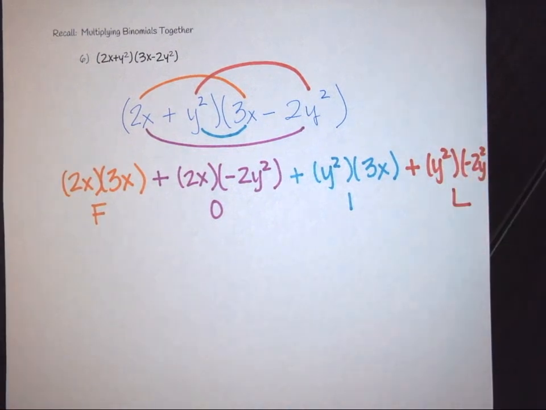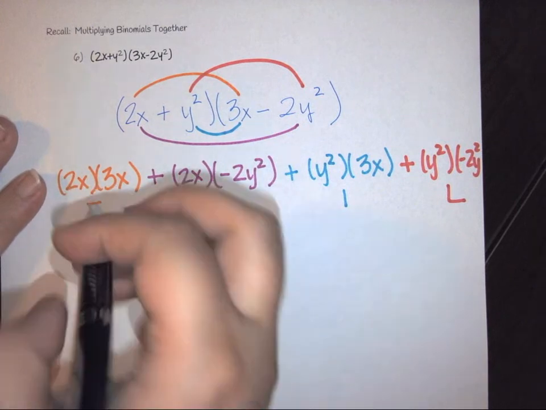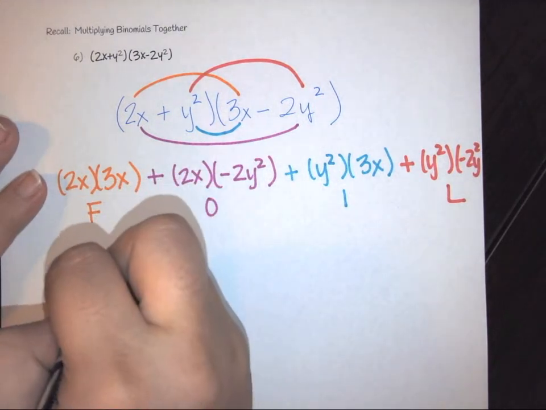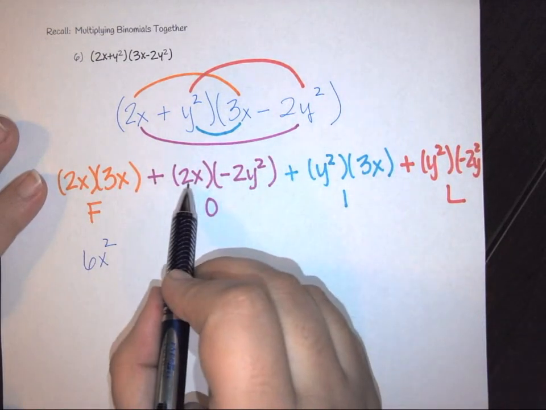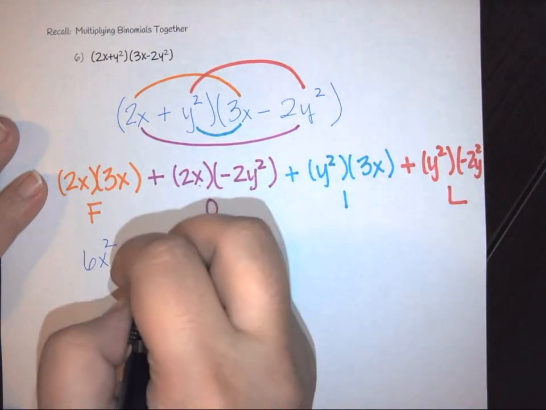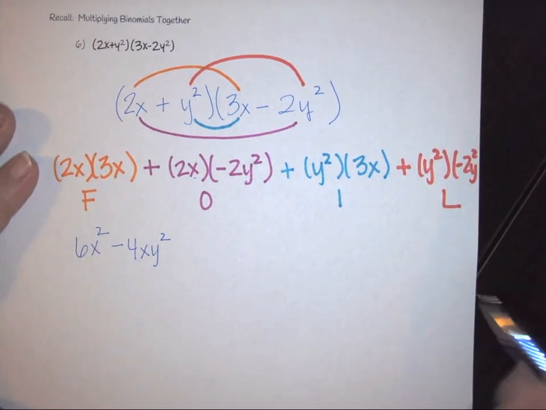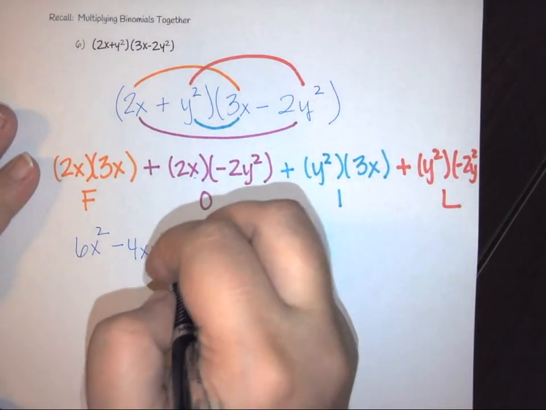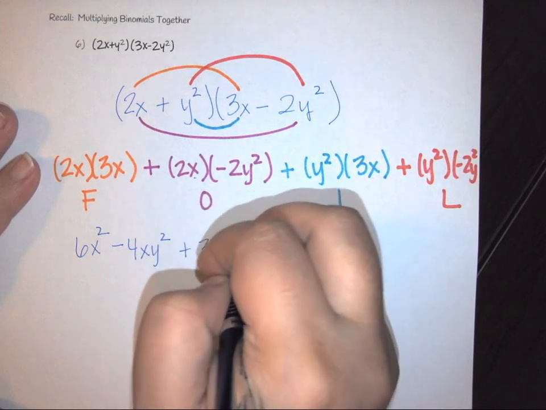Once you have figured out all of your terms, then you just simply have to do the math and you're good to go. So 2x times 3x: 2 times 3 is 6, x times x is x squared. I'm going to add that to the next. 2 times 2 is a negative 4. X, y squared can't combine, so it's rewritten. Y squared times a 3x is going to be plus 3xy squared.